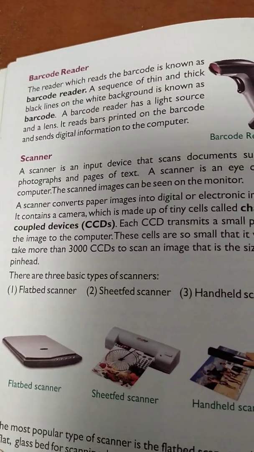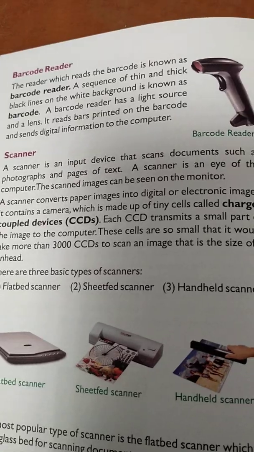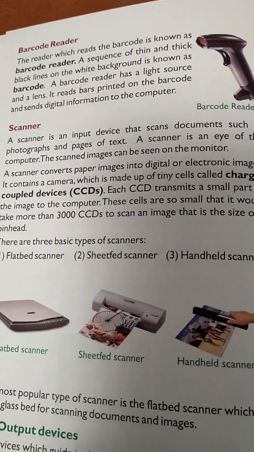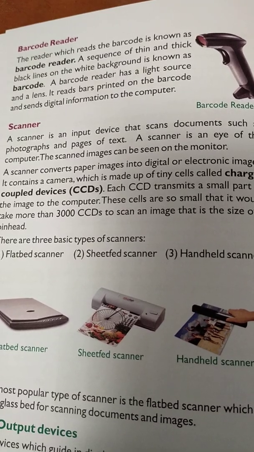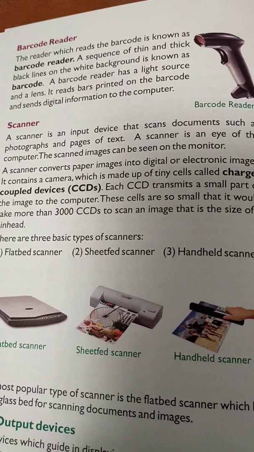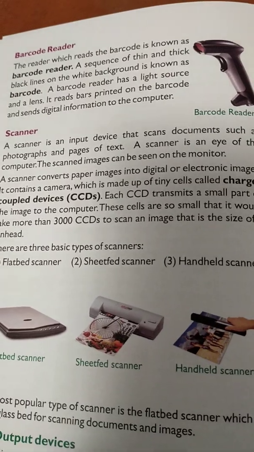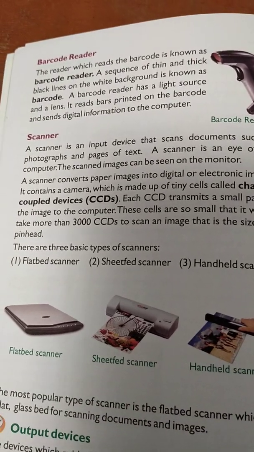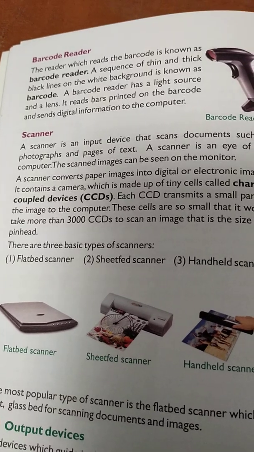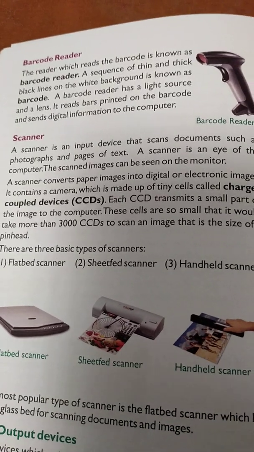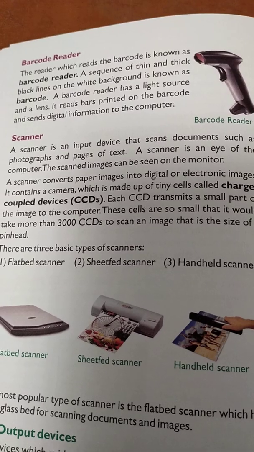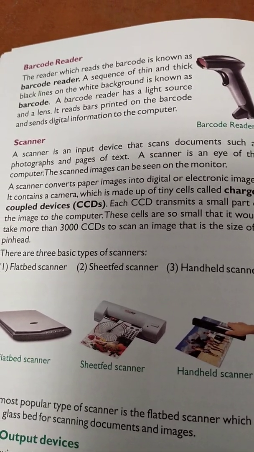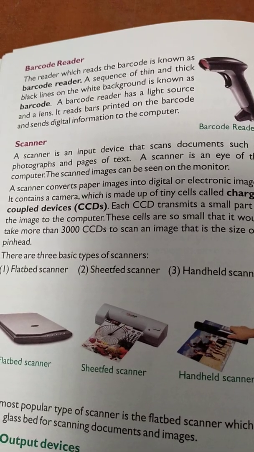Okay, the barcode reader. The barcode reader is also an input device. How many of you went to shops with your parents? Shops like the hypermarket, and did you notice the billing counter? They show the product you bought in front of this machine, the barcode reader. It displays a light and scans the barcode. The barcode is a white background with black stripes.